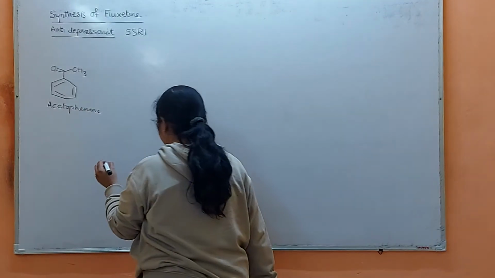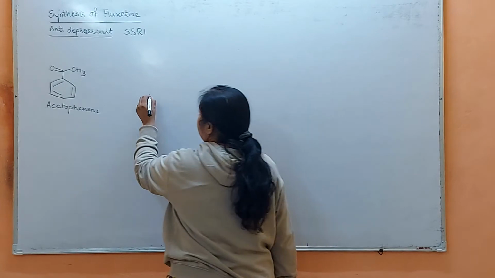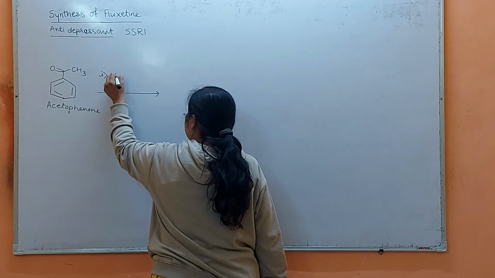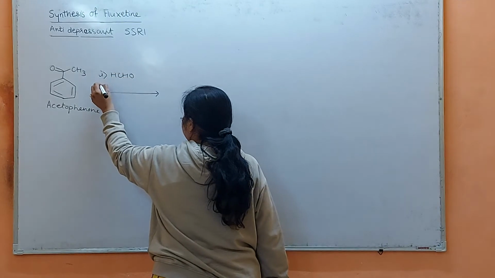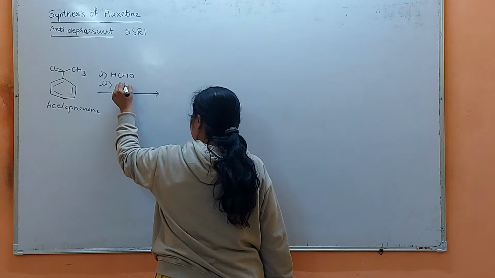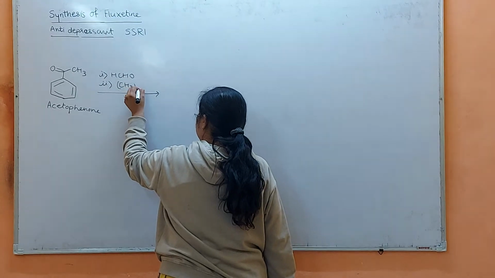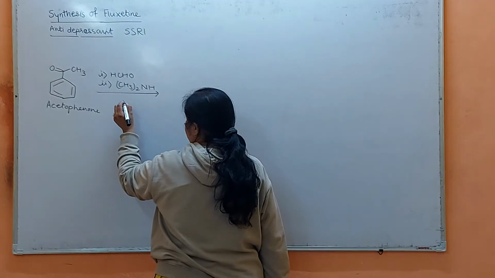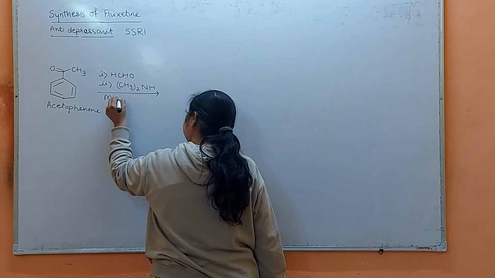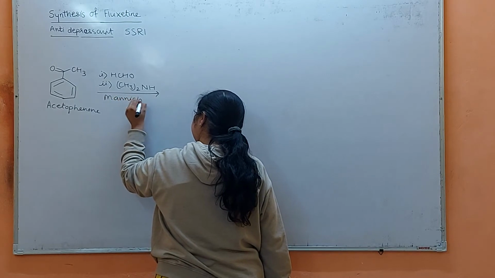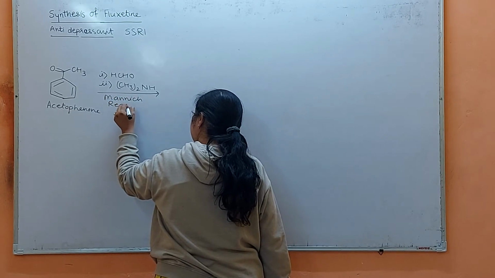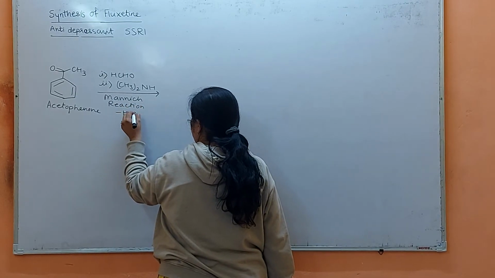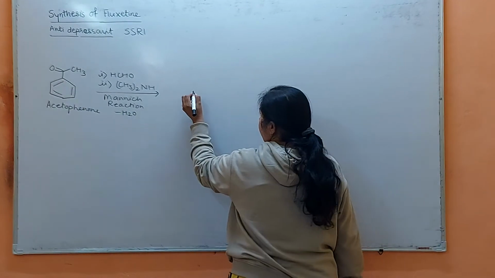Now see, when this acetophenone is treated with HCHO, that is formaldehyde, and dimethylamine, the reaction taking place is the Mannich reaction. And here removal of a water molecule will take place.